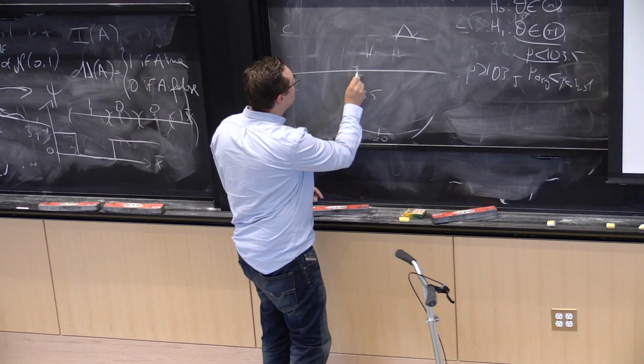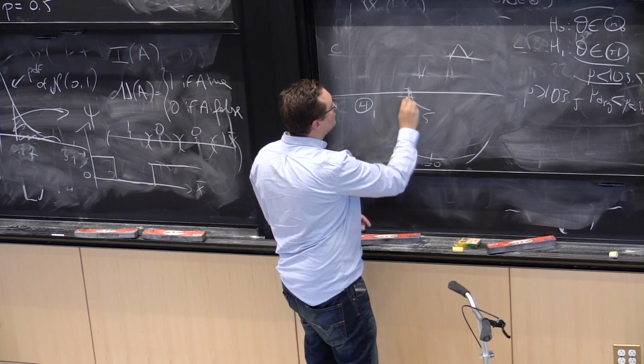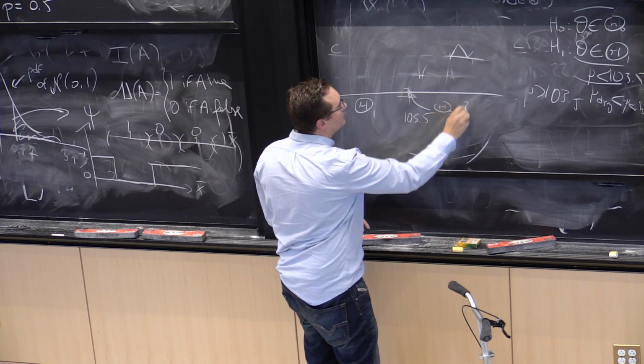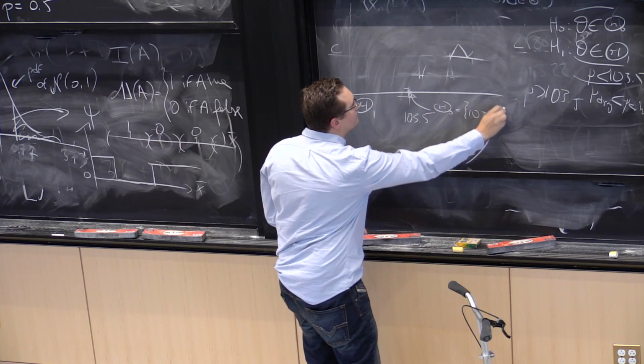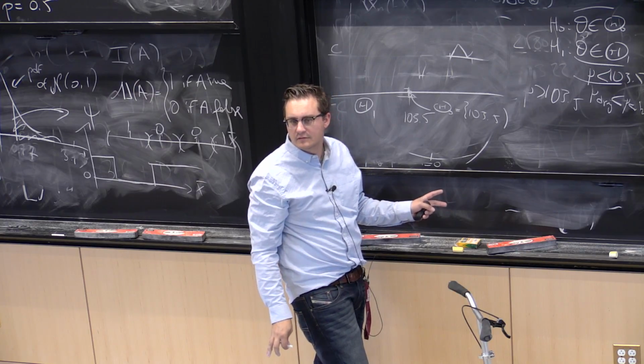And so I know that this is theta 1, and this point here was theta 0. Okay? Agreed? This is with the cherry blossom run.